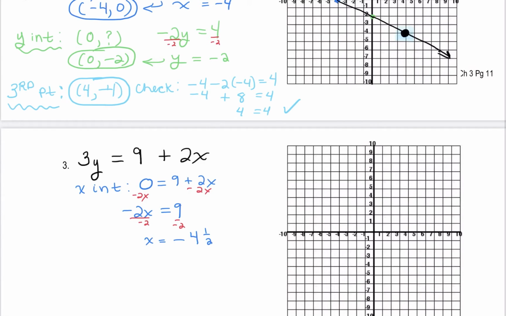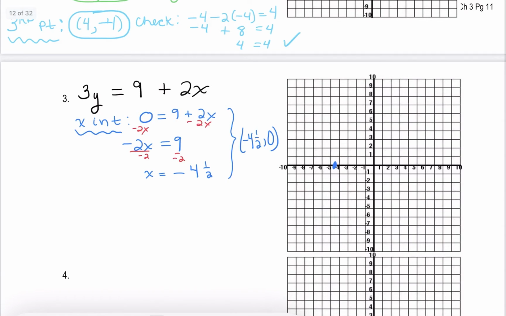So this x-intercept, written as an ordered pair, was (-9/2, 0), or (-4.5, 0). Especially when we're doing things by hand, you won't always be able to avoid getting fractions for some of these ordered pairs.